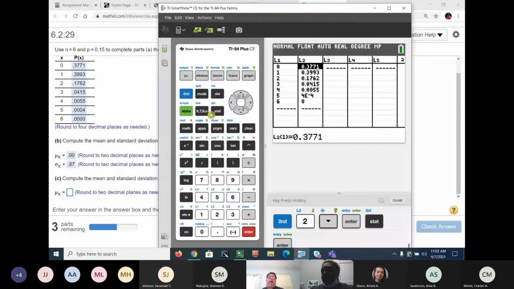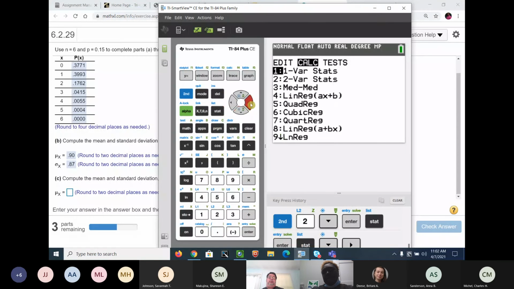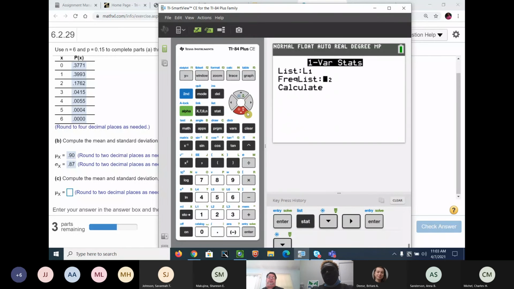Then go to stat, calculate, first variable statistic. Does this say L1 and does this say L2? Oh, that might be what's wrong. I didn't have the L2. That should fix it. All right, thank you.